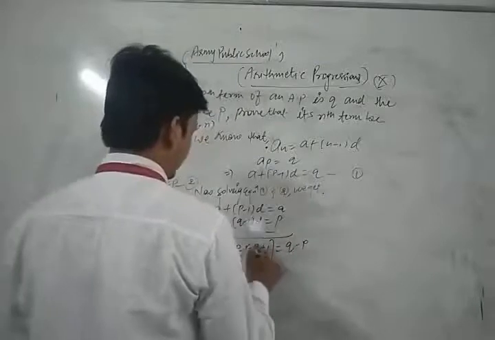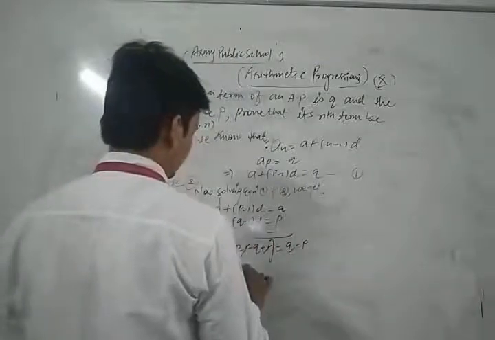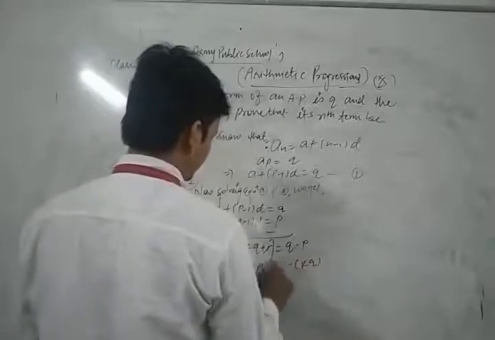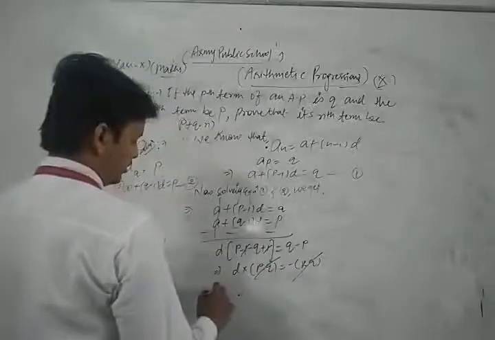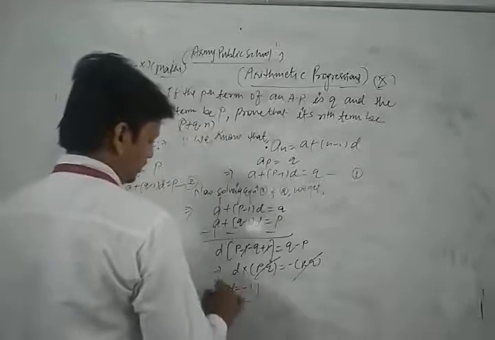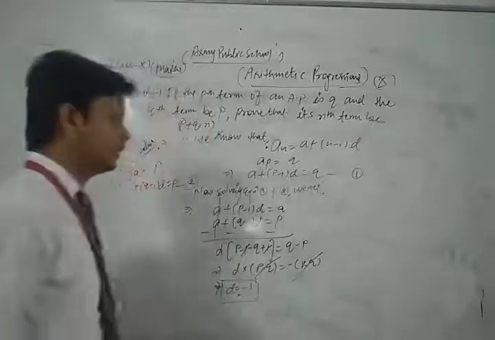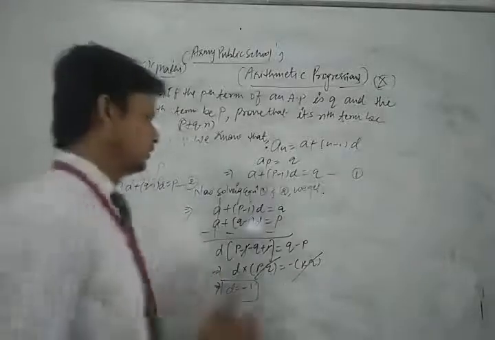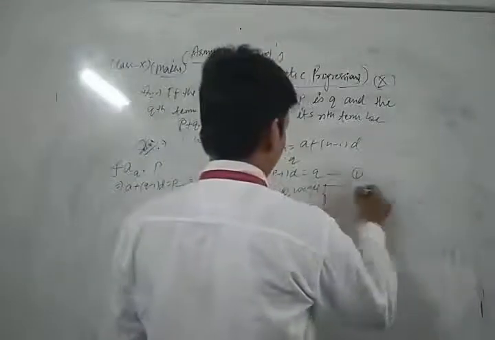Now 1 cancel to each other. So D into P minus Q, and here we take minus as common, so P minus Q cancel to each other. So the value of D is minus 1. In this way we find the value of D as minus 1. Now we put the value of D in equation 1.